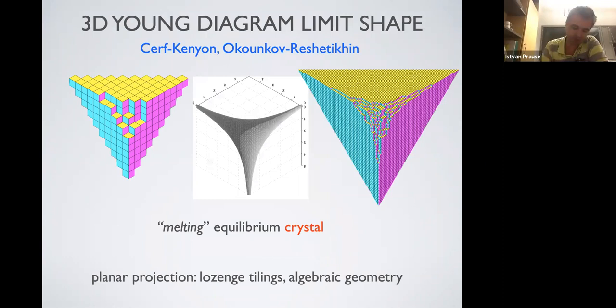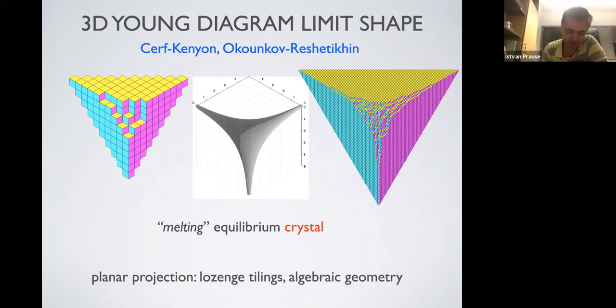So imagine that we have an infinite corner here consisting of small cubes. And then it's like a crystal corner. We start melting this crystal. So we remove a certain number of small cubes, but in such a way that the formed surface stays monotone in 2 directions.